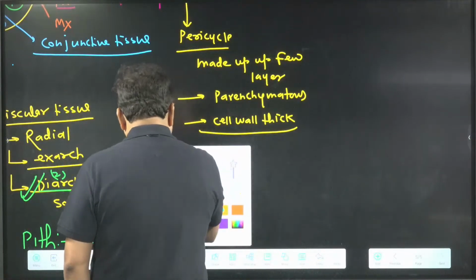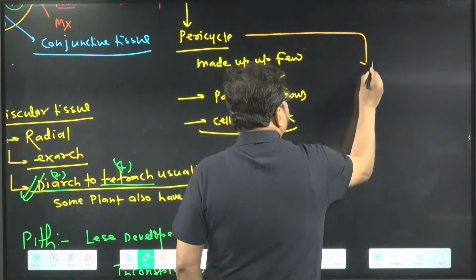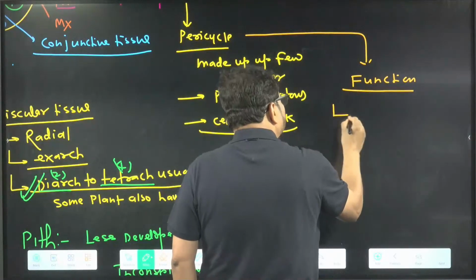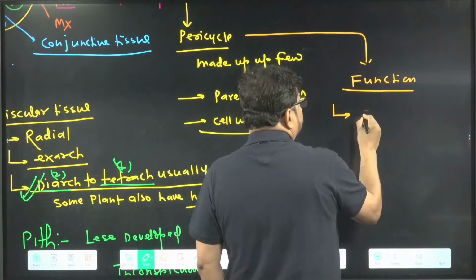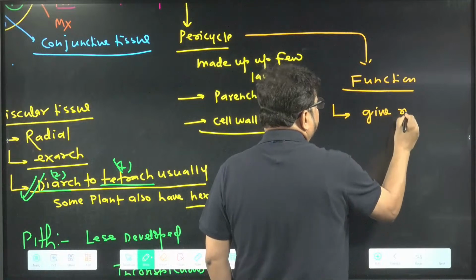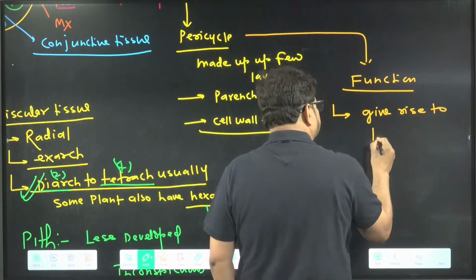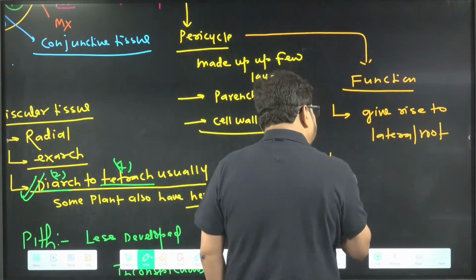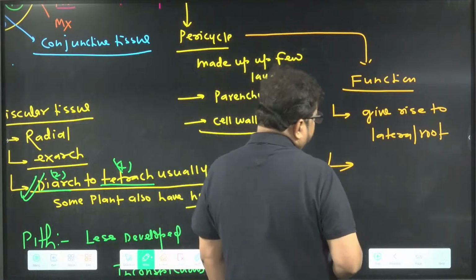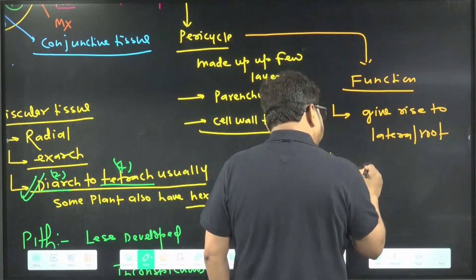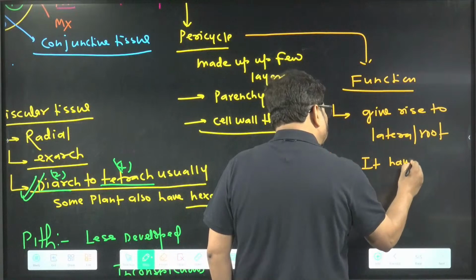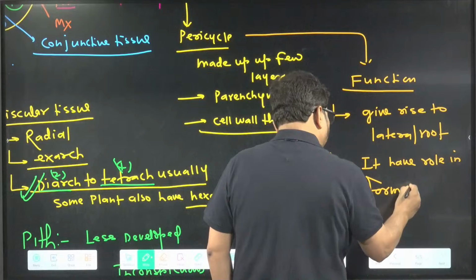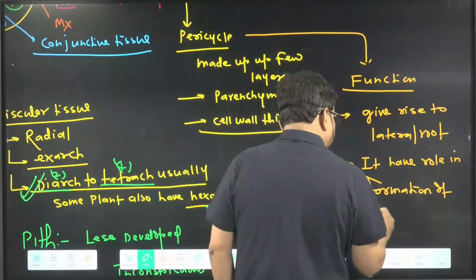In dicot root, I am writing the functions of pericycle. Can you help me write the function? One function I am writing: gives rise to lateral root. Agree with me or not? Second function: it has a role in formation of vascular cambium ring.